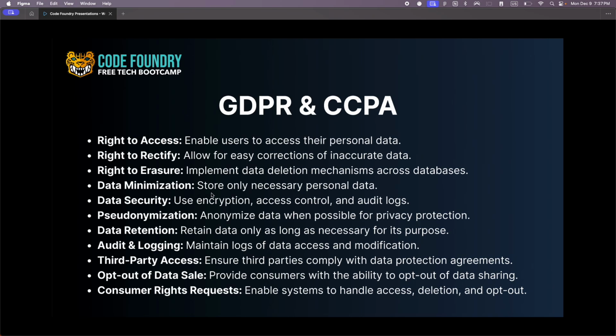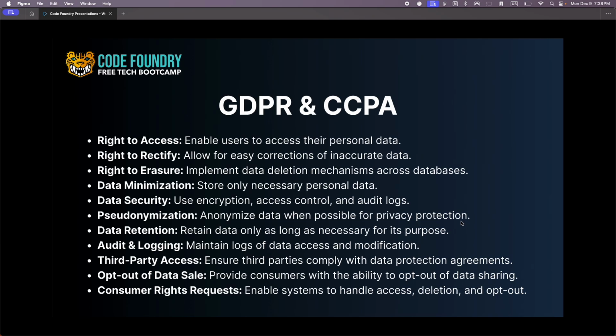Data minimization, which is storing only necessary personal data. Data security, which is using encryption, access control, and audit logs to basically stay on top of data and check whether there are any errors. Pseudonymization, anonymizing our data when possible for privacy protection.